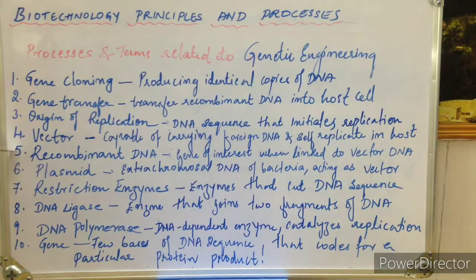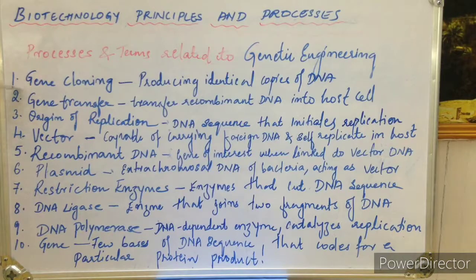Then the fifth point, that is recombinant DNA. Now what is this recombinant DNA? This genetic engineering, we are also calling recombinant DNA technology. So what is this recombinant DNA? Now you are not introducing the gene of interest directly into the host organism, nor are you introducing only the vector DNA into the host organism.